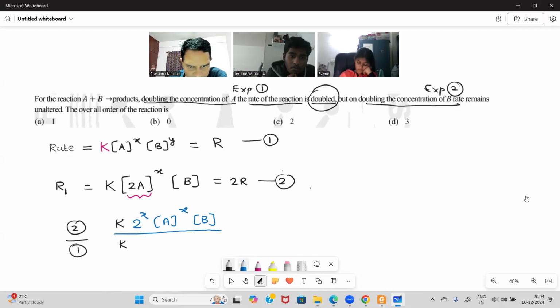Okay, first equation is nothing but what? K into A power X into B power Y, correct? Second equation is 2R here and here it is R. Can you tell me, Jerome, what all get cancelled? K and K, A power X, B power Y, and R, sir.